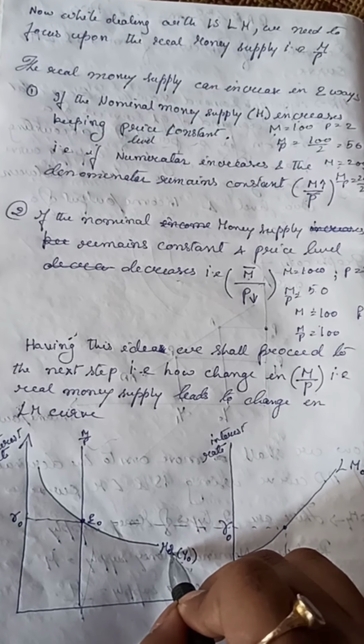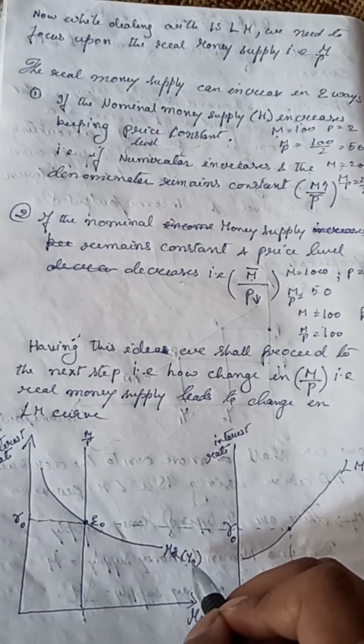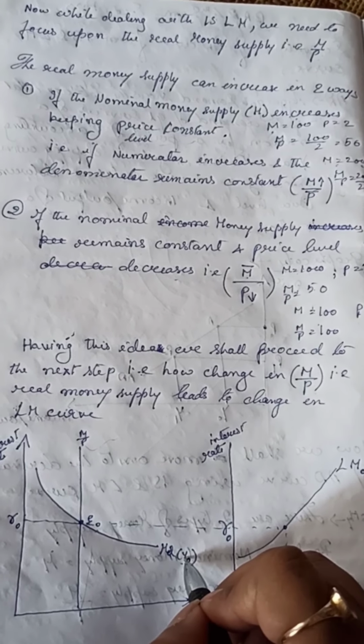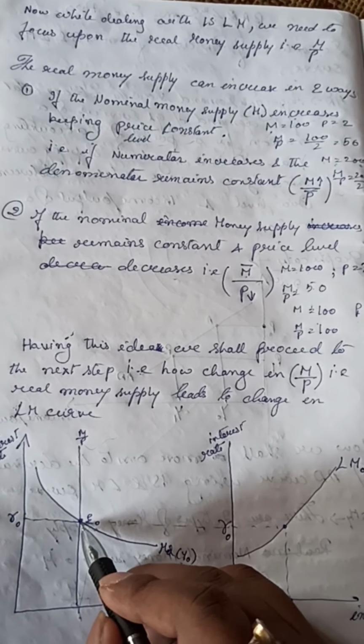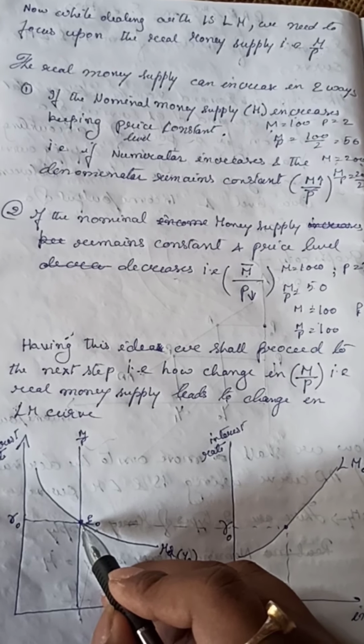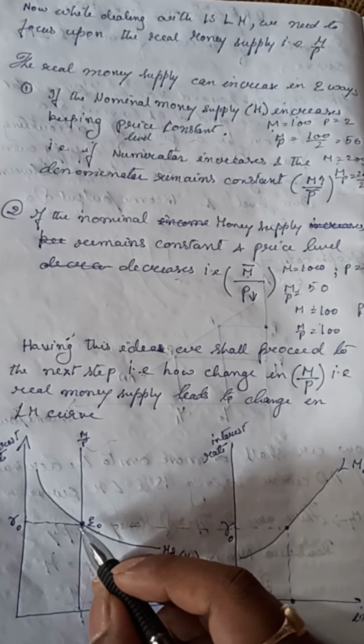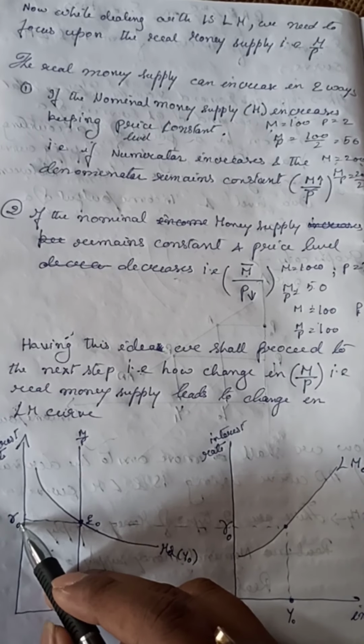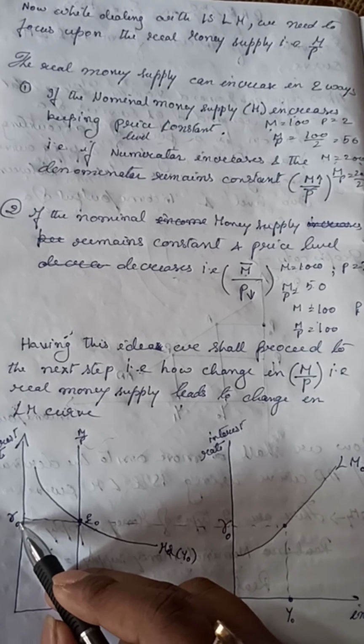This money demand is associated with the income level of Y0, and the equilibrium point between the money demand and the money supply is at E0. At this E0 the equilibrium rate of interest is R0.